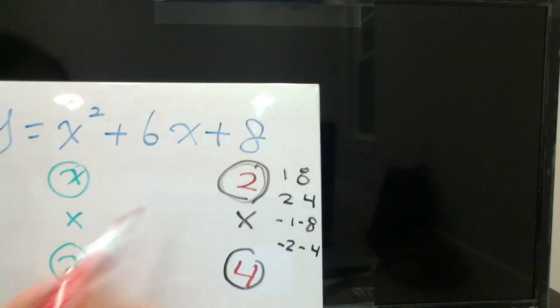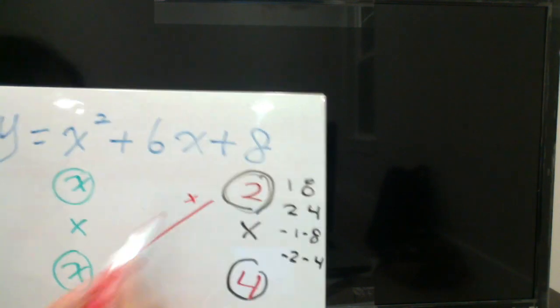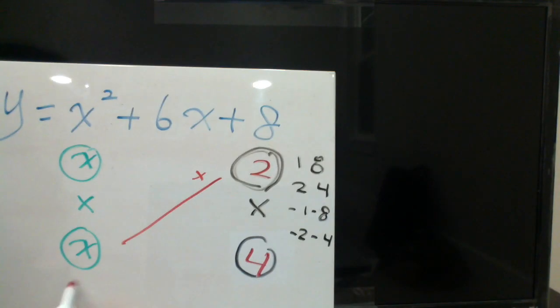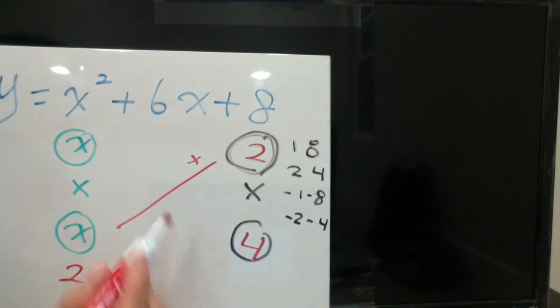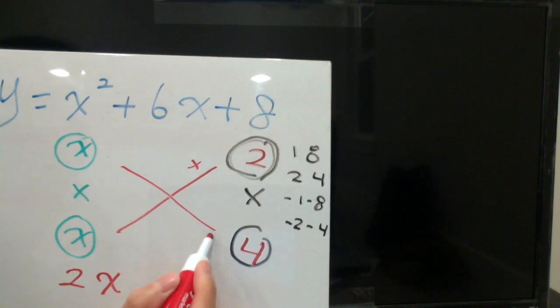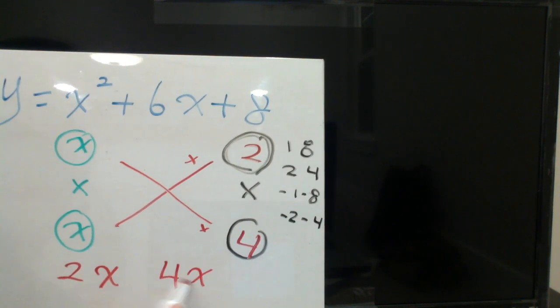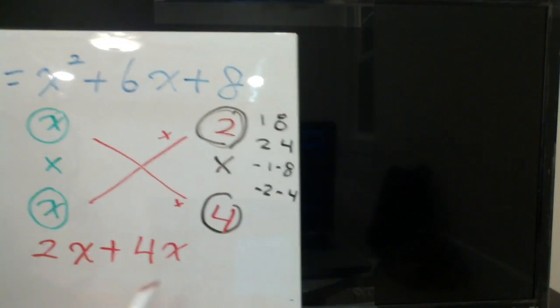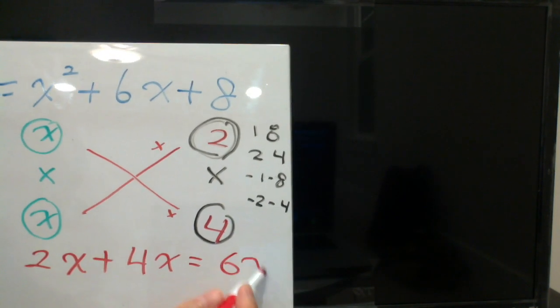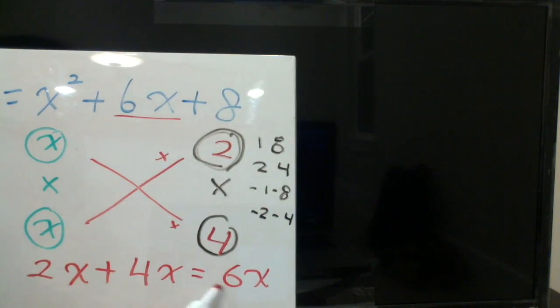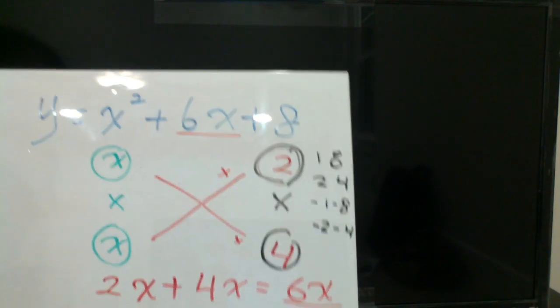Right? Now what do I do? Cross times x times 2 is 2x. 4 times x is 4x. Then I will combine and it will be 6x, right? So it's matching.